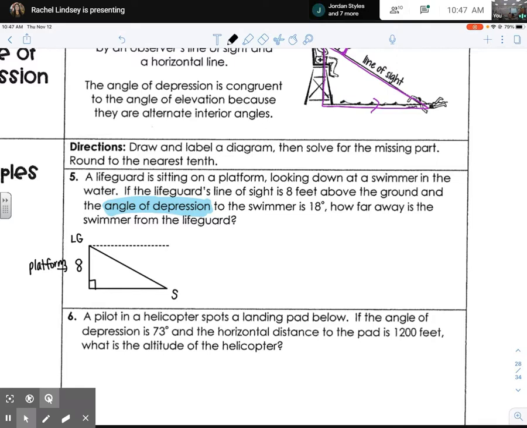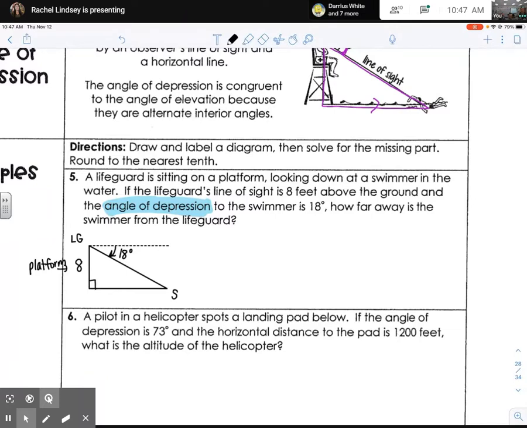The angle of depression of the lifeguard's line of sight to the swimmer would be 18 degrees. And then it wants to know how far away the swimmer is from the lifeguard. So if you want the distance from point A to point B, are you finding the diagonal part or the horizontal part? The bottom or the line of sight?